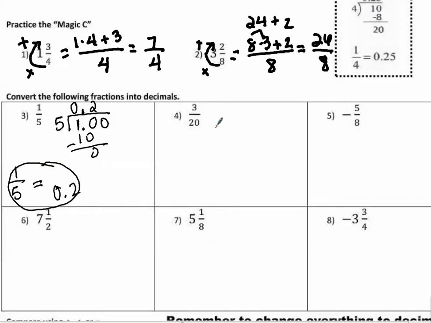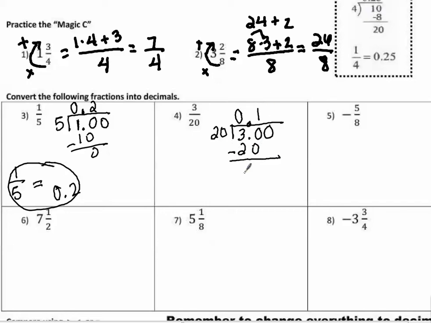On number 4, let's try this. Divide the numerator by the denominator. Remember, your top dog goes in the house. You have a food bowl and a water bowl. Carry your decimal up top. 20 goes into 3 0 times. However, 20 goes into 30 1 time. 1 times 20 is 20.